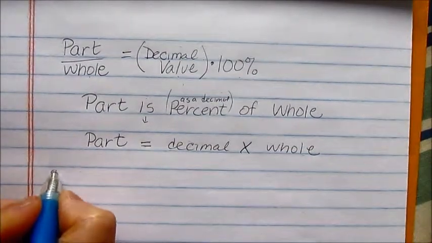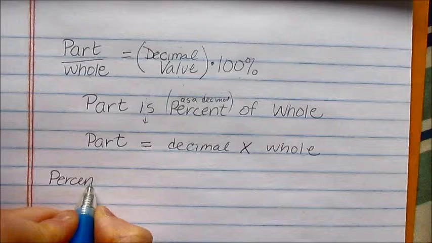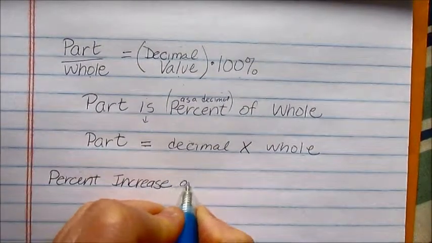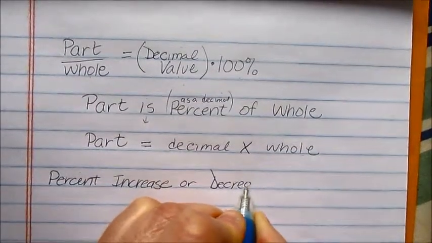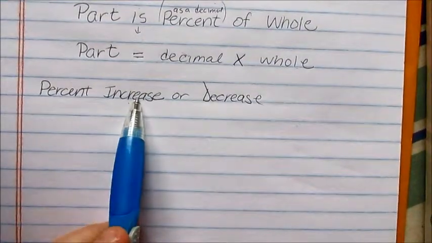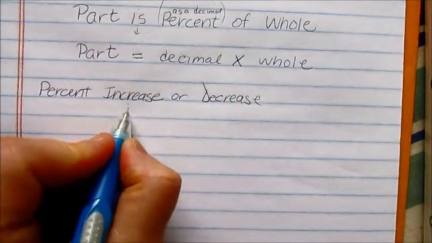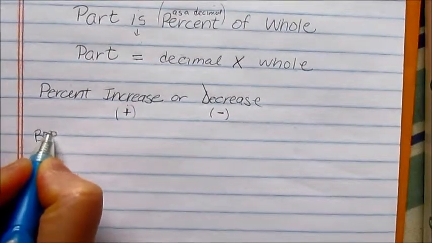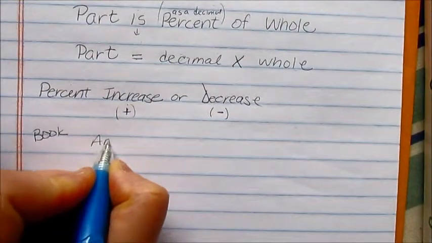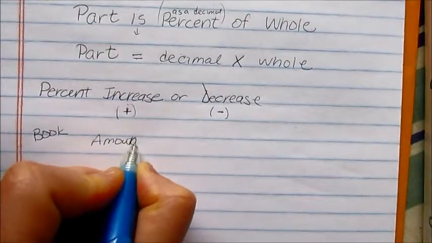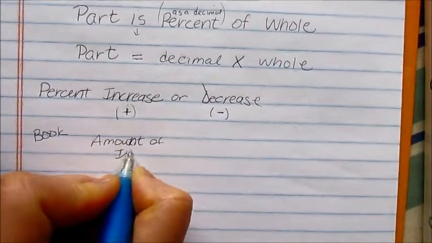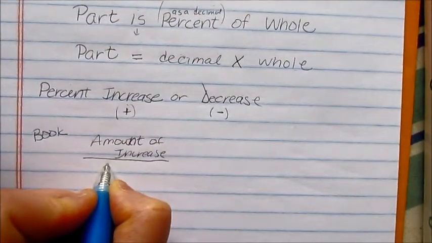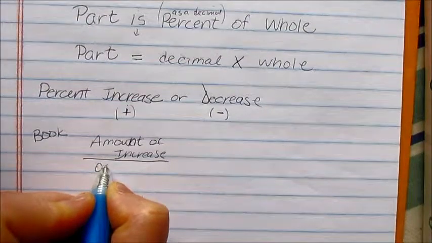Now we can do percent increase and decrease. Increases are positive, decreases are negative. The book tells you to do the amount of increase, that's your part, over your original amount or your base amount.